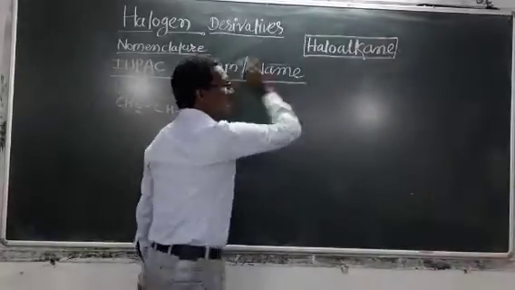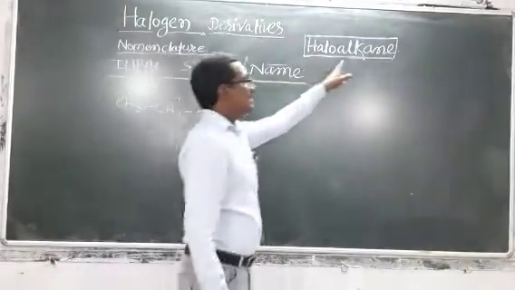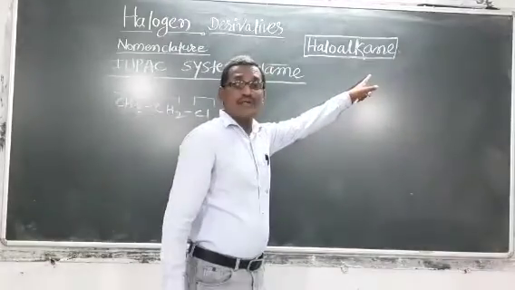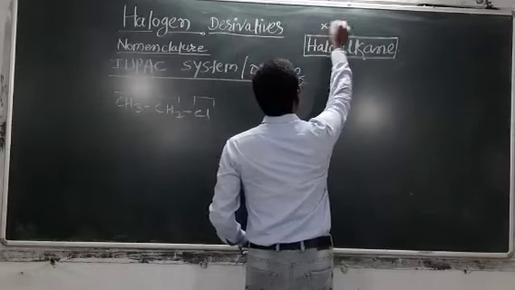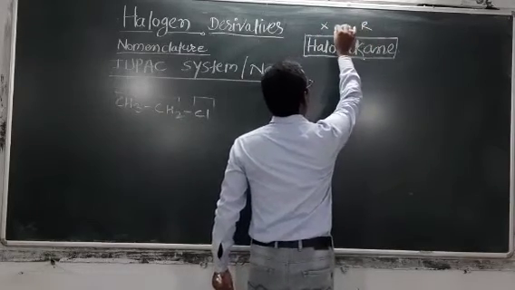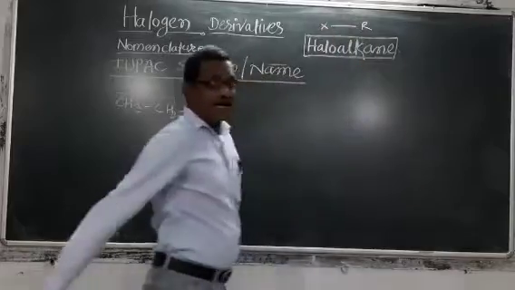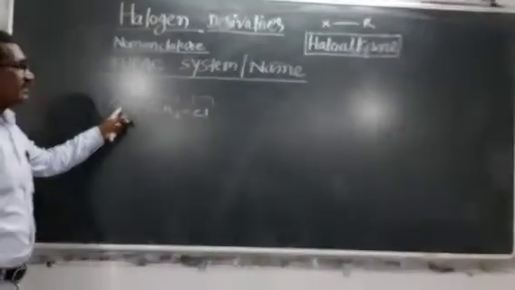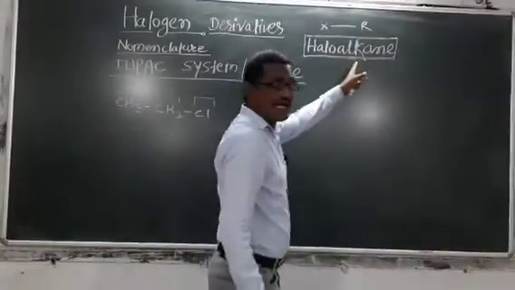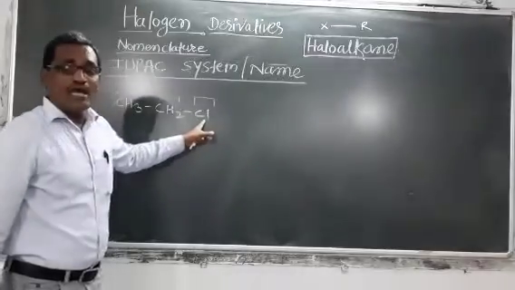Halo for halide, means for this group X, and alkane for the carbon chain or alkyl group R. Halo for X and alkane for R means the name of the carbon chain is given in the form of alkane and the halide as halo.